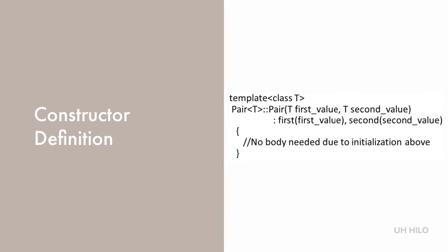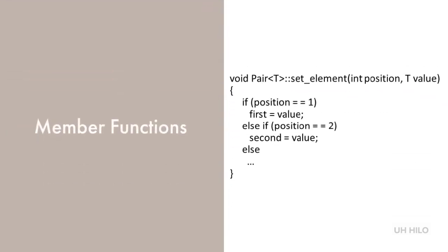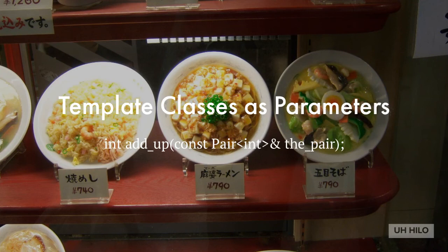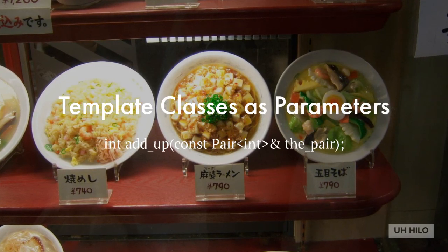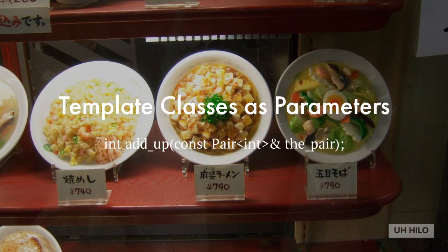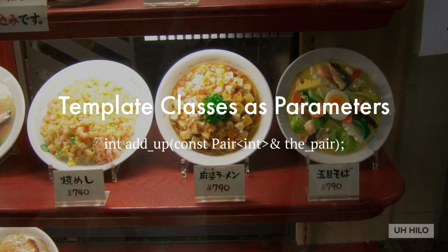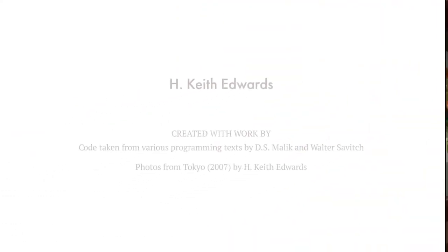It's important to note that the class name includes T. The same thing that's true for the constructor function is true for member functions. We need to remember to include the template type with the class. If we're passing to an ordinary function, we need to include the type of the particular implementation we're using. Of course, function addUp can be made more general by making it a template function itself.